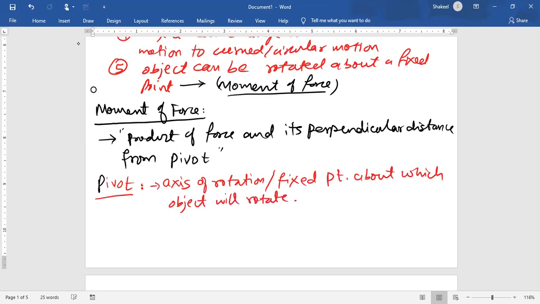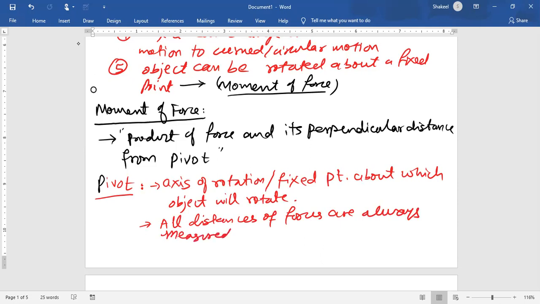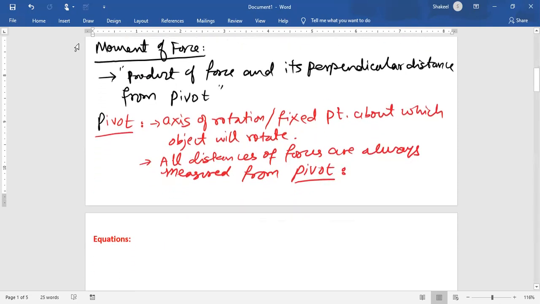Its significance is that all distances of forces are always measured from the pivot. That's why it is very significant that you measure the distance of the force from this point, which is known as the pivot point.